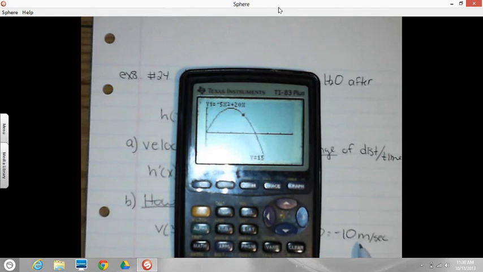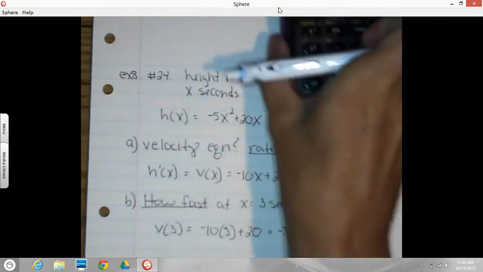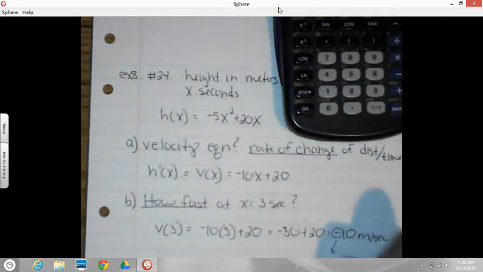And what does this negative tell me about the book? That the distance from the ground is decreasing, so the book is coming back down. So the negative is an indicator that the book is coming down. Dropping. How's that?